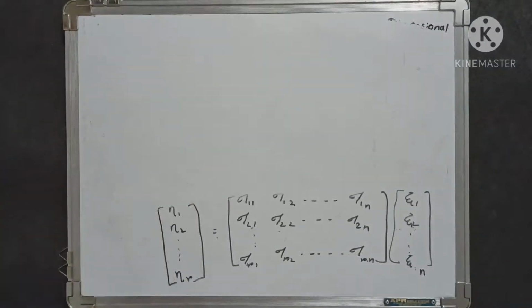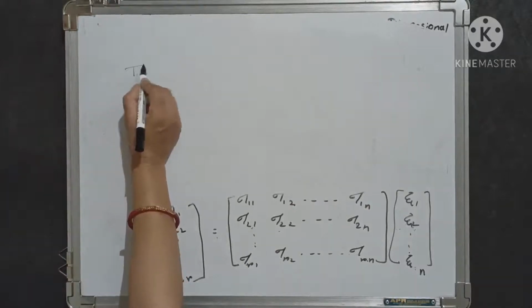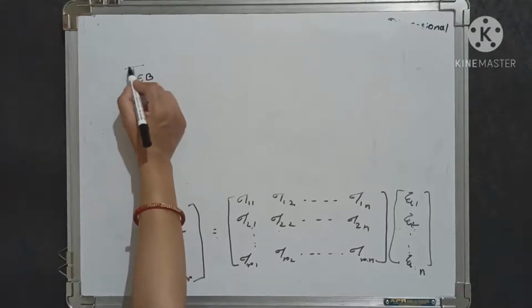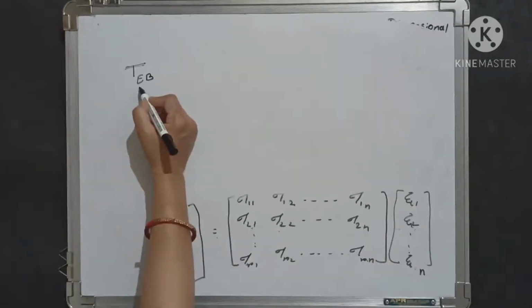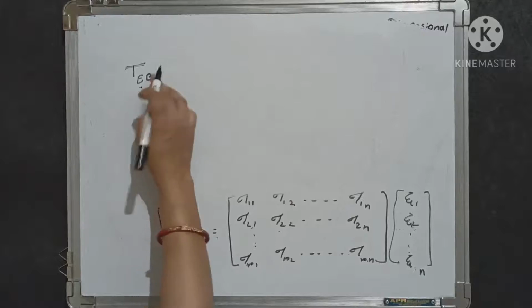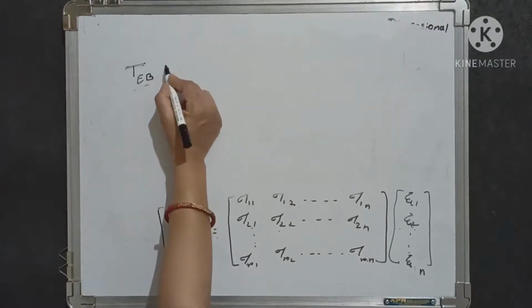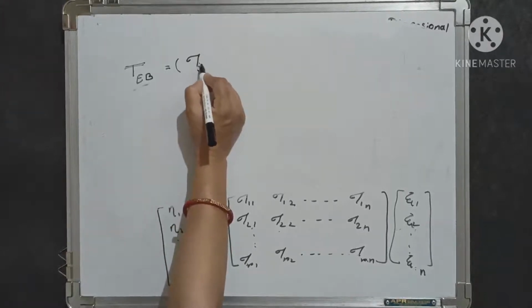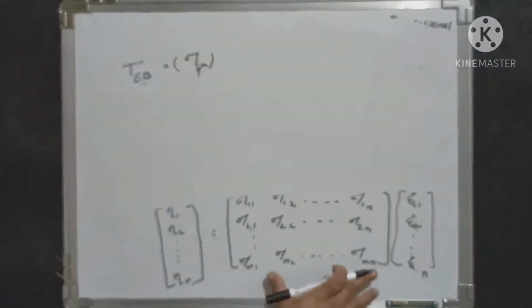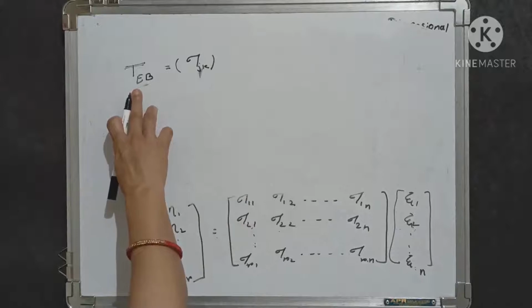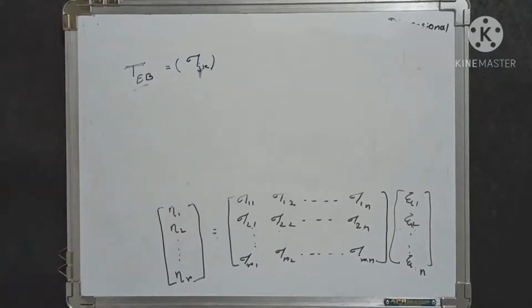Here we take T_EB, where E is the basis for capital X and B is the basis for capital Y, and T_EB equals the matrix tau jk.